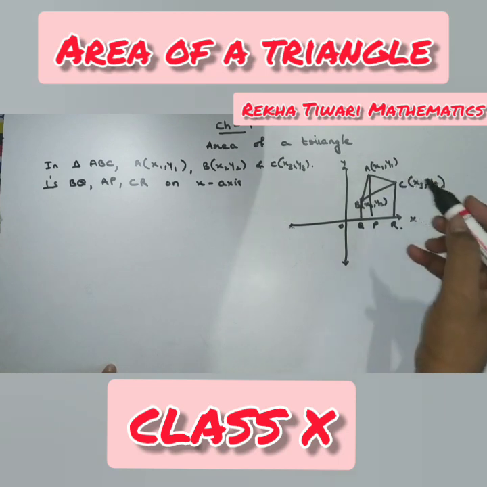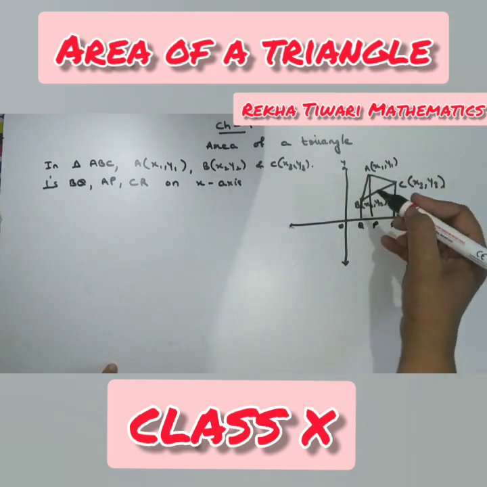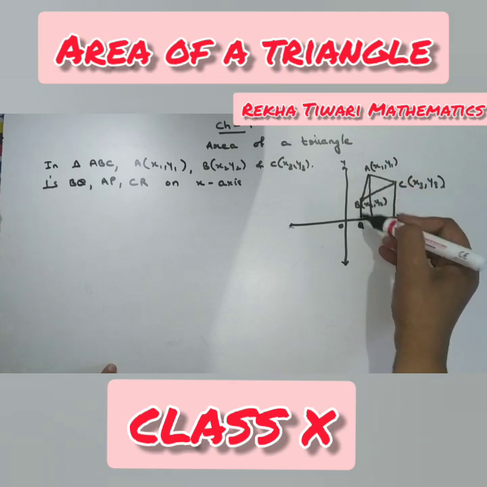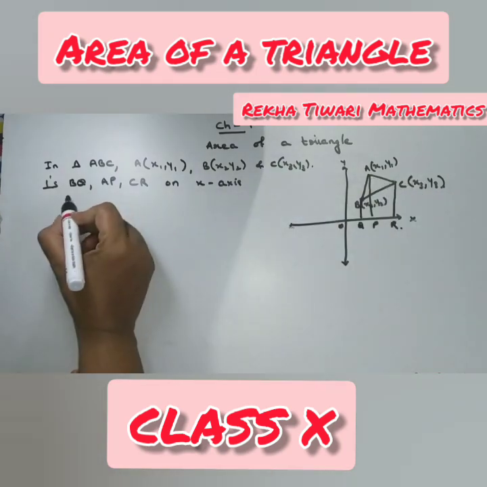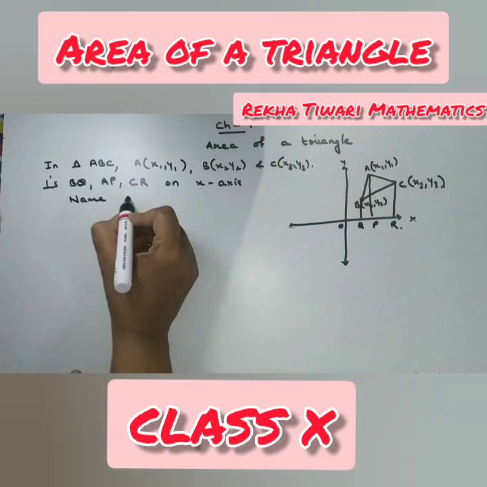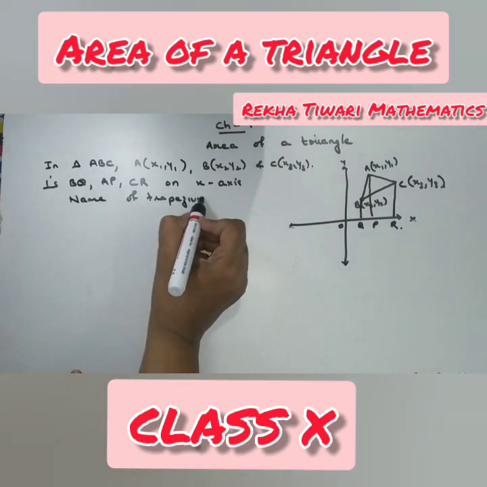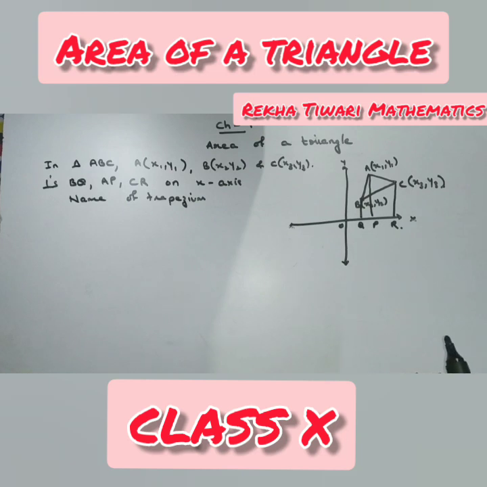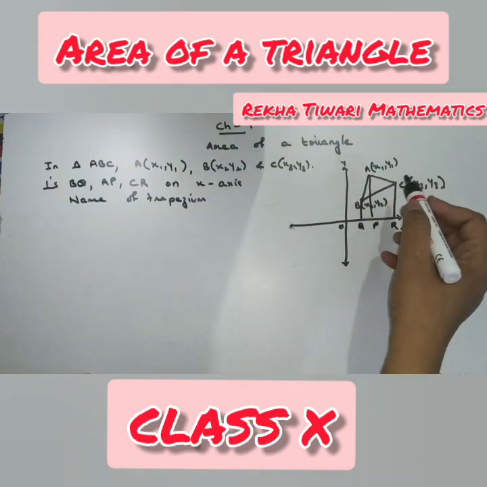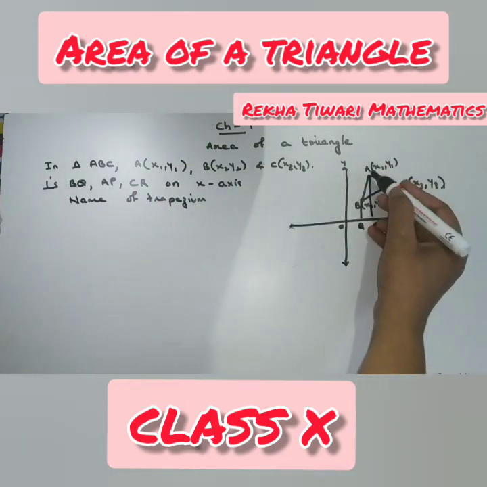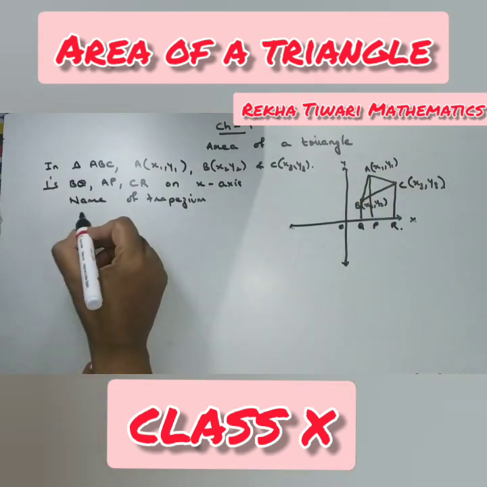See, if you look at the figure carefully, there are 3 trapeziums in this figure. Let me write the names of the trapeziums here. What is a trapezium? A trapezium is a quadrilateral in which one pair of opposite sides is parallel and the other is non-parallel. The first one is ABQP.